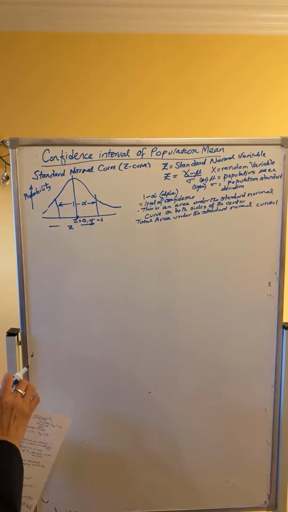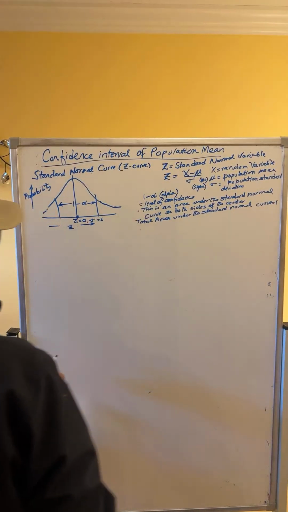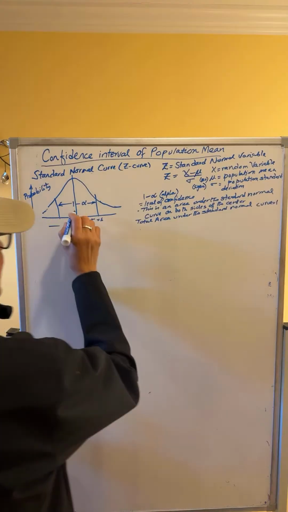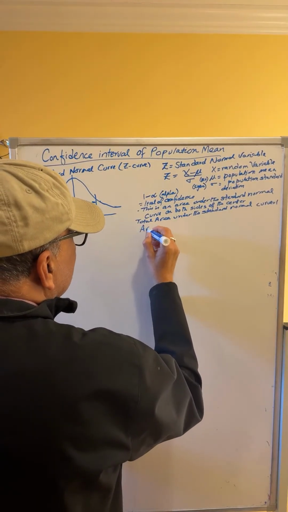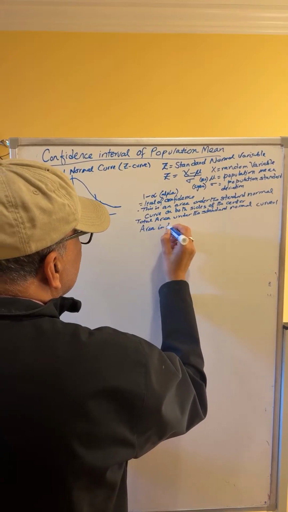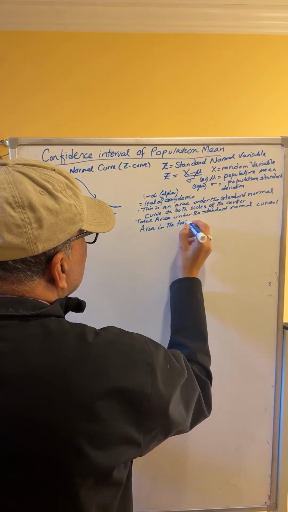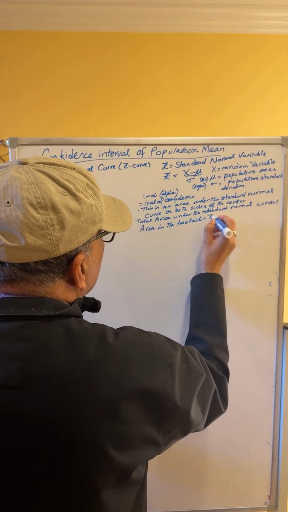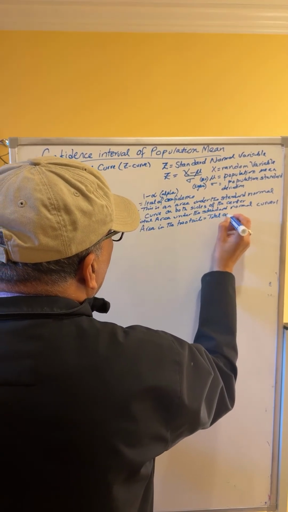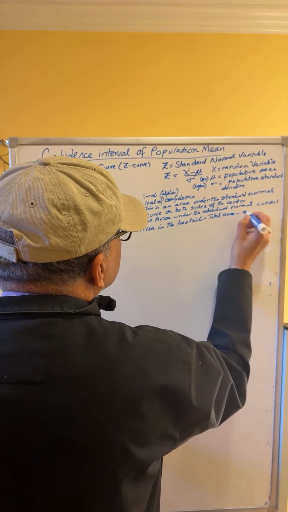If the area in the center is 1 minus alpha, then the area in the two tails is total area minus area in the center.